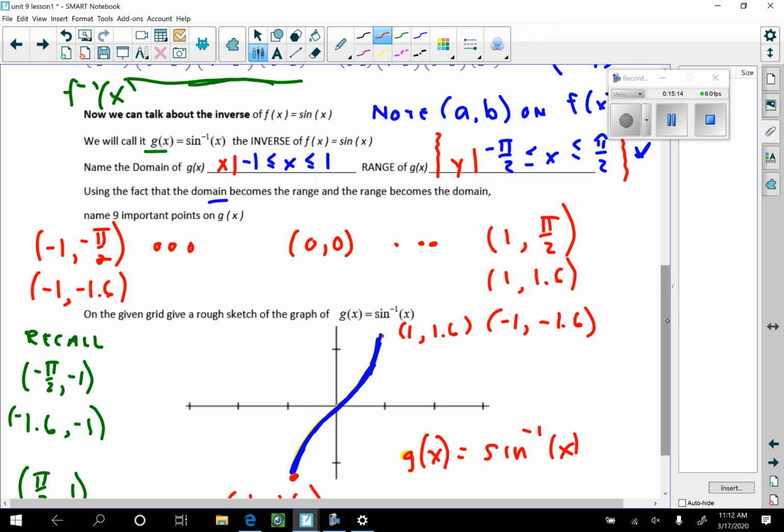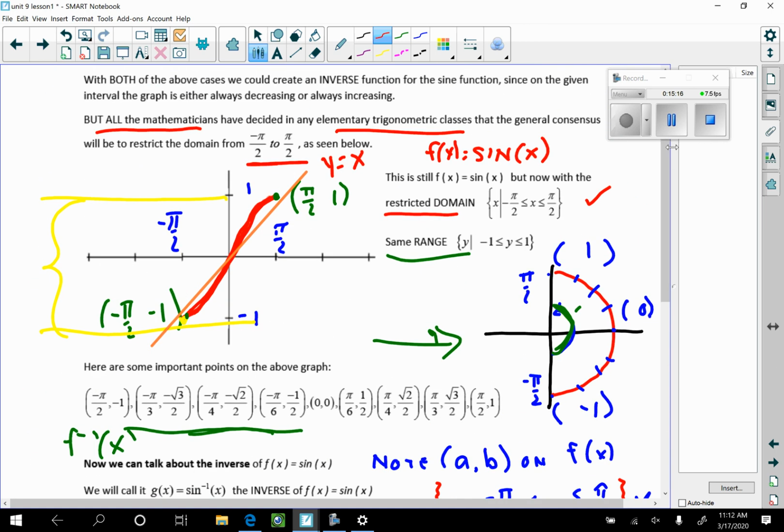The top point is going to have an input of 1. So this is about 1.6. So it's going to come over here. I'm going to do this guy in black. It's going to come 0. And the same thing here. It's going to be about here, and it's going to look like this. Really, really hard to see on the same graph, sine and the inverse sine.